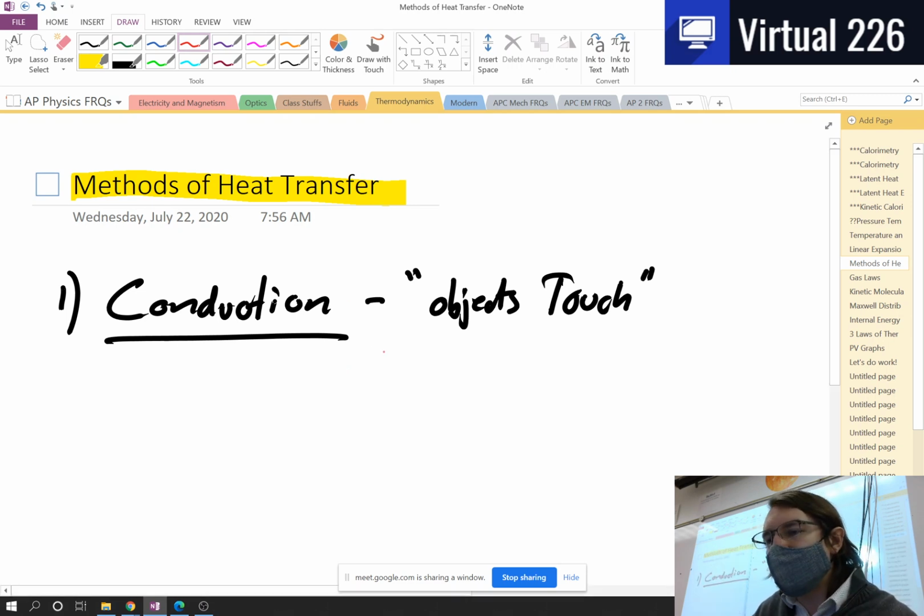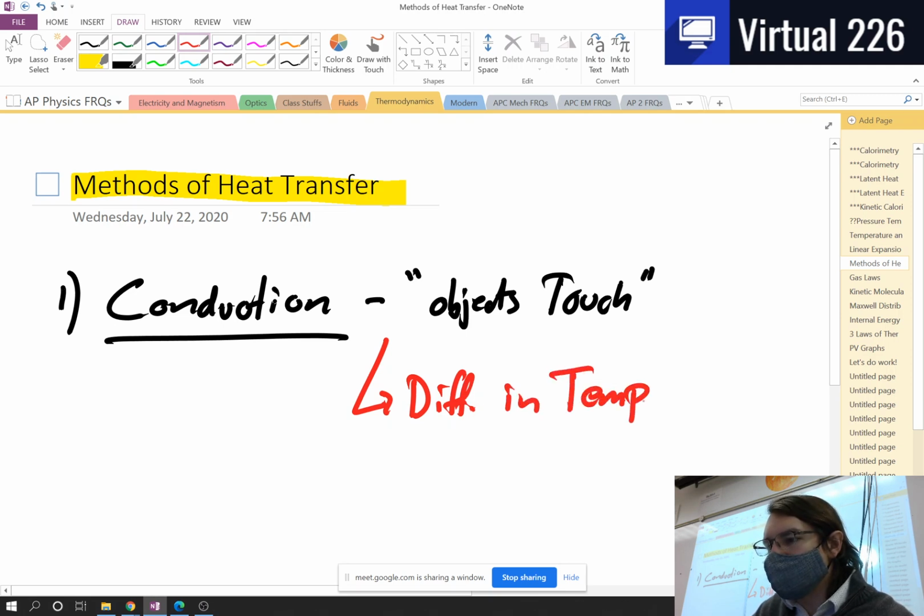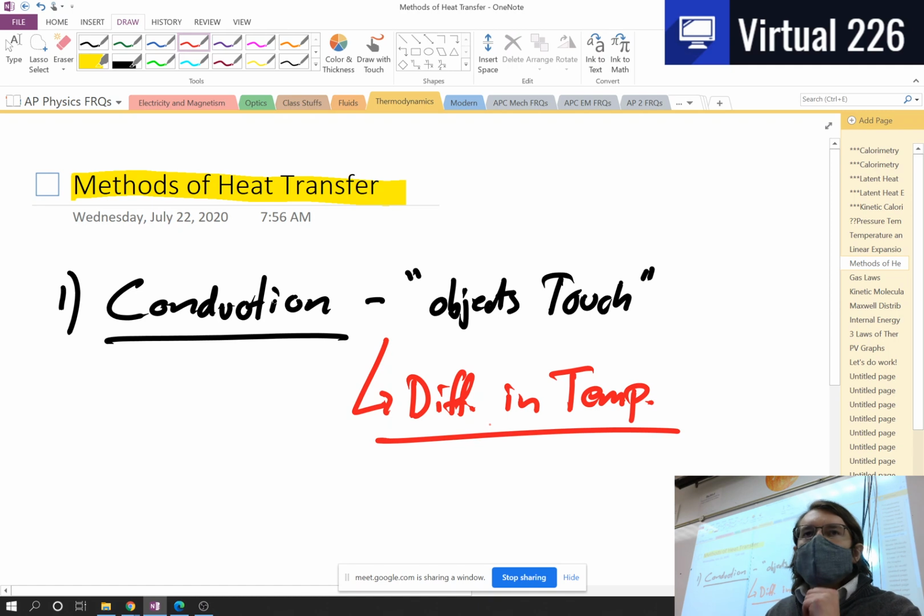But what really matters then is that you have a difference in temperatures. If everything is the same temperature, then touching two things together won't actually transfer any heat. If two objects are the same temperature, then they have the same average kinetic energy, which means that on average, you're not really transferring that energy or that velocity from one object to the next.